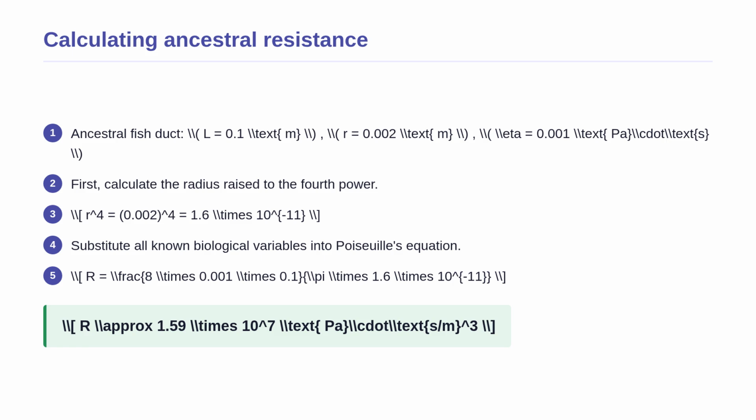First, we calculate the radius to the fourth power, which gives us a very small number, highlighting its exponential impact. Next, we substitute our known variables into the equation. The numerator represents the resisting forces, and the denominator represents the space available. Solving this gives a final resistance of approximately 1.59 times 10 to the power of 7. Physically, this relatively low resistance means the fish's muscles do not have to work hard to expel urine.